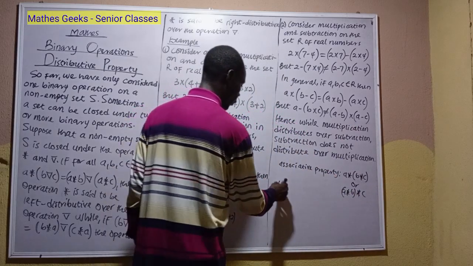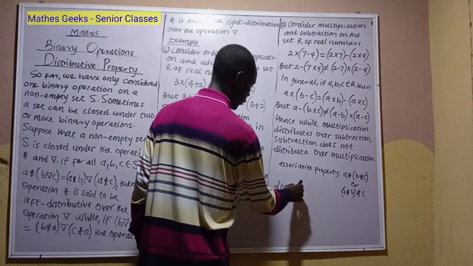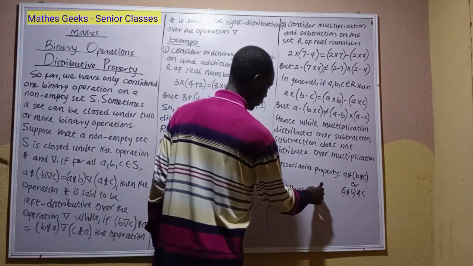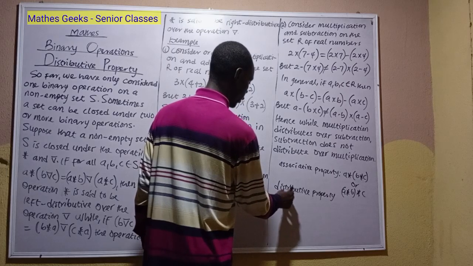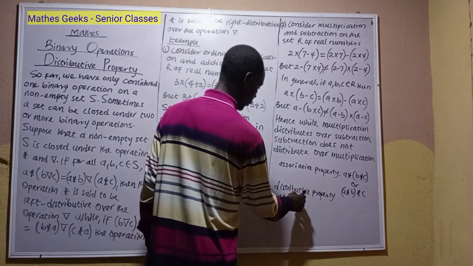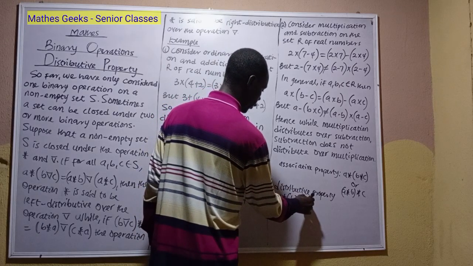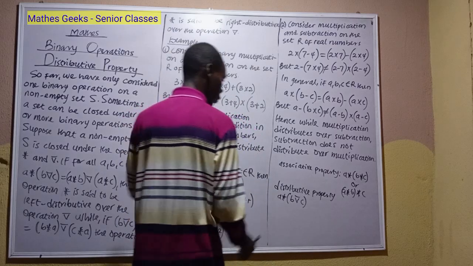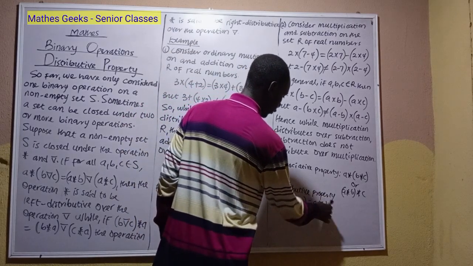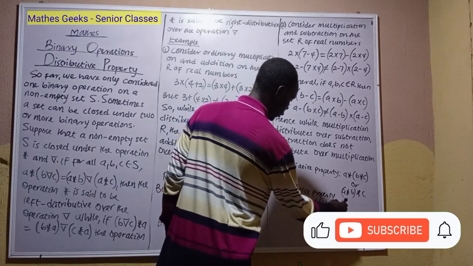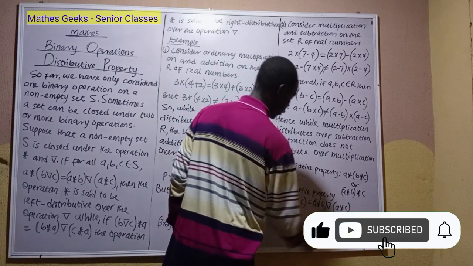But for the distributive property, we have A star (B operation C), and this is equal to (A star B) operation (A star C).